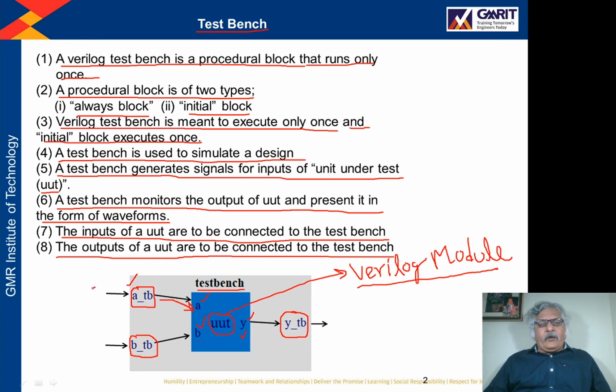And now at these inputs we will apply some signals, some stimulus, some values, and those values are connected with the input A and input B of my unit under test. So basically the unit under test is receiving the input values from the test bench, right?